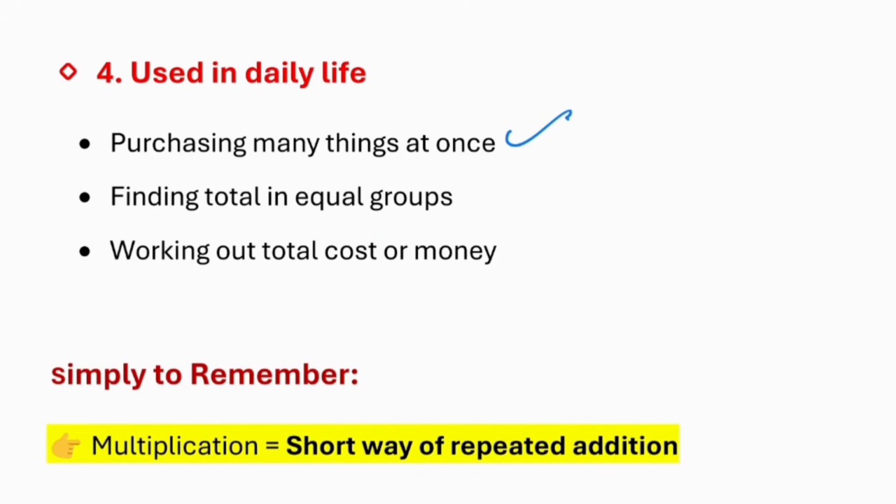And the next one, in the situation of purchasing or shopping. If you want to buy a cool drink bottle at the cost of 50 rupees per bottle, then find the cost of 7 bottles.